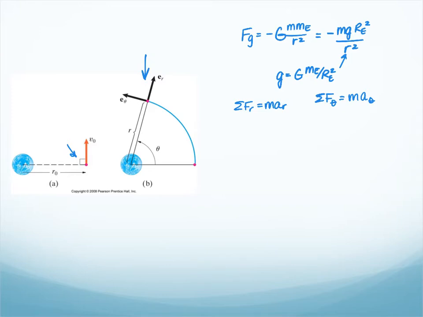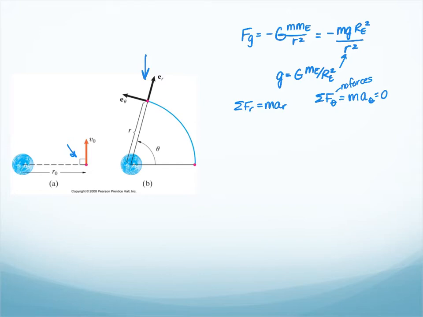It turns out that there are only forces in the radial direction, so for the tangential equation, the mass times acceleration has to be equal to 0, because there are no tangential forces in this problem. It's a central force problem, so it's along the radius.